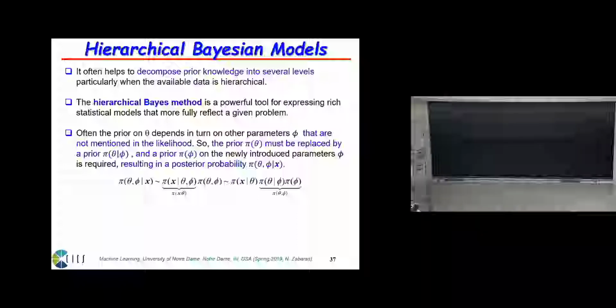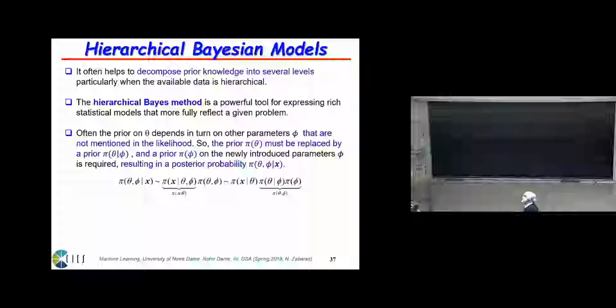So you can think, when you toss a coin, the prior for theta depends on a and b, that is phi. What that leads to is effectively additional parameters. So yes, you have theta, but now you also have the parameters phi, because theta depends on phi. So in principle, when you talk about the posterior of the parameters, you talk about the posterior of theta and the posterior of phi.